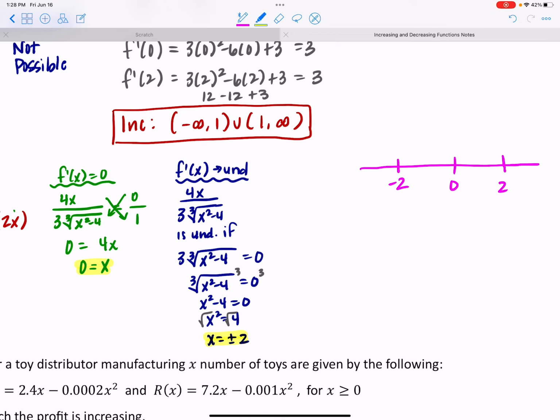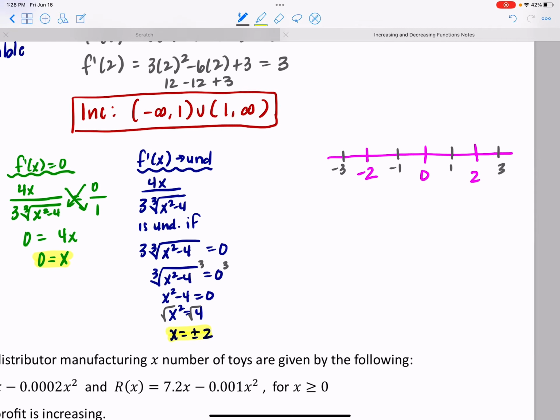But again, I have to figure out what's happening here, what's happening in between here, what's happening in between here, and what's happening over here. So anything before, after, or in between, we have to determine the behavior of. So I actually have to take 4 test numbers here. So something before negative 2, like negative 3, something between, like negative 1, something between here, like positive 1, and something after here, like positive 3.